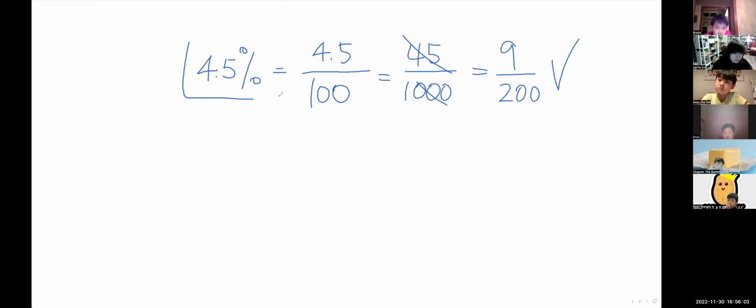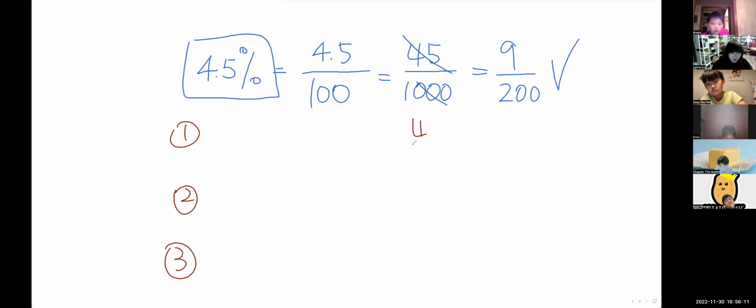Understand? So this is exactly grade 8, grade 9 questions, okay, everybody? So let's try it, because we learned so well and we can understand this with no problem at all.